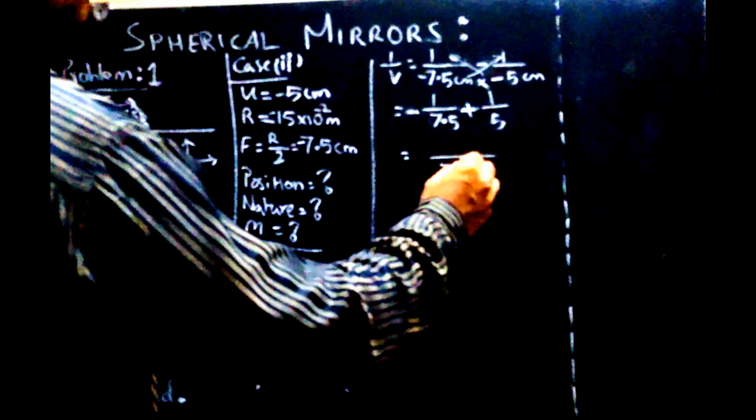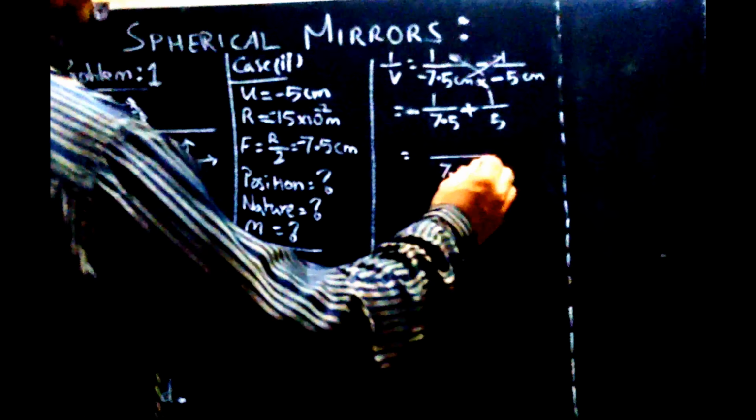So it is 7.5 into 5. Cross multiply it, minus 5 plus 7.5.